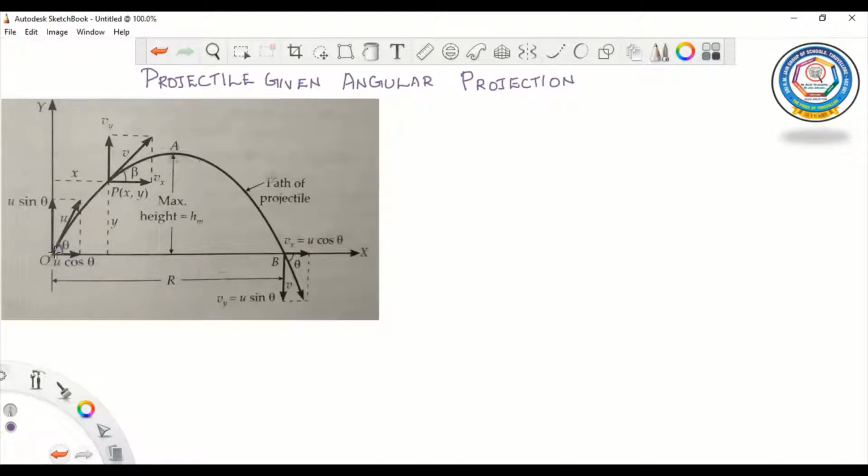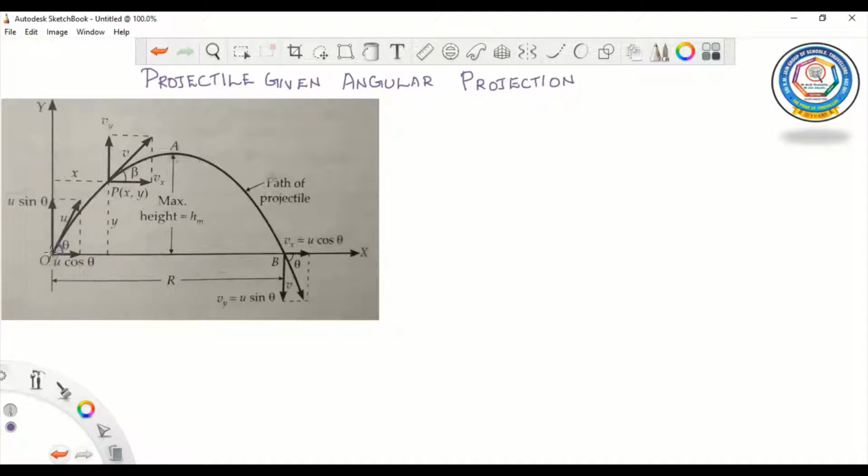This velocity u has two rectangular components. The horizontal component is u cos theta, which remains constant throughout the motion. And the vertical component is u sin theta.